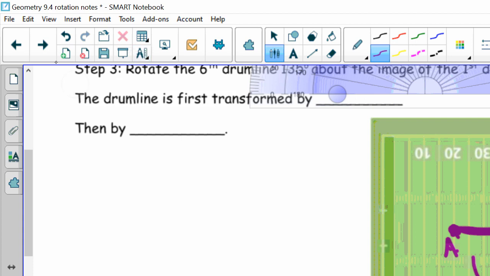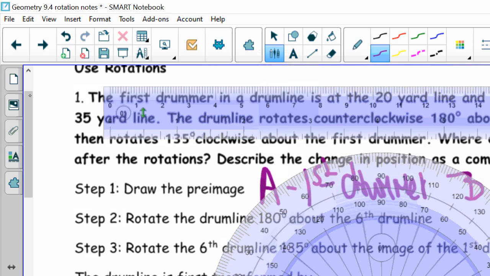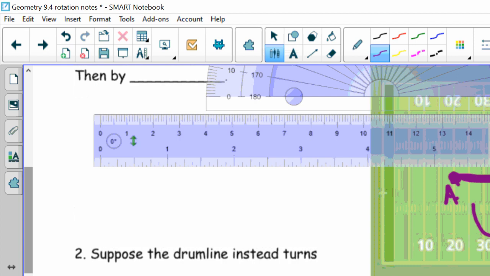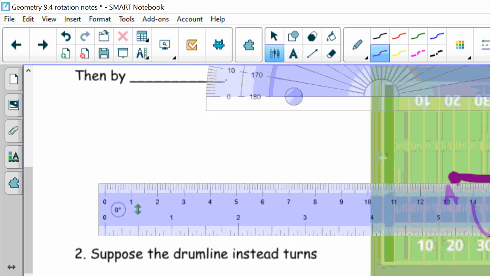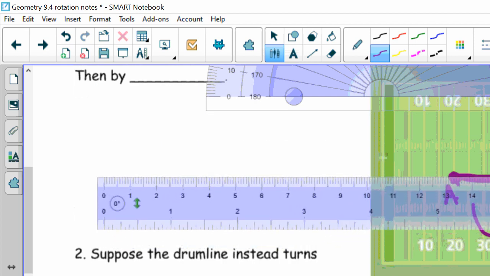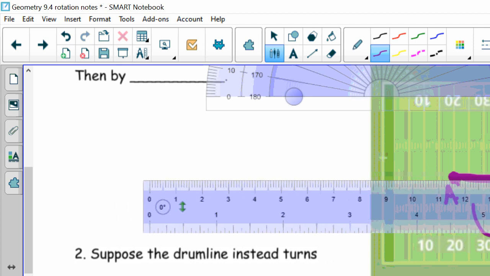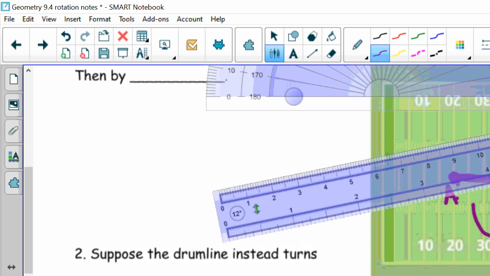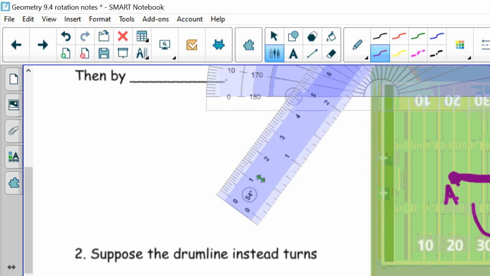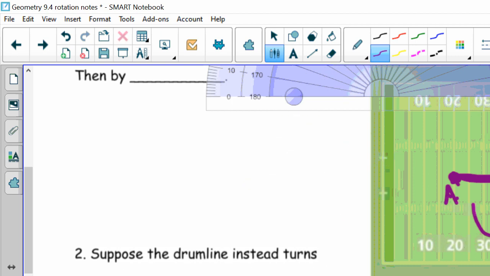Remember that the distances are all the same, so I'm just going to measure. Not quite 2. Right here is going to be my B prime. And this was my 135 degree rotation.